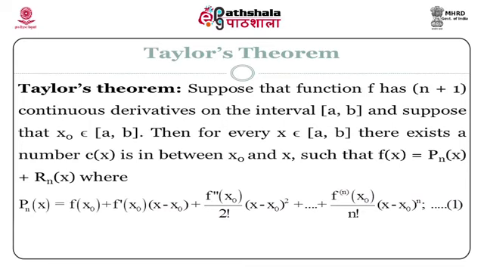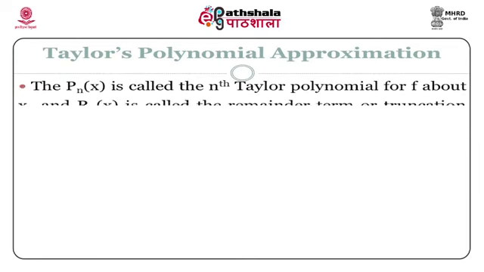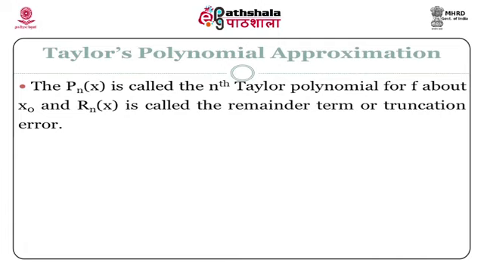So, this becomes an nth degree polynomial function, and R_n(x) is given by f^(n+1)(c(x))/(n+1)! (x - x0)^(n+1). So, the n+1th derivative at c(x) divided by (n+1) factorial into (x - x0) raised to n+1. P_n(x) is called the nth Taylor polynomial for f about x0, and R_n(x) is called the remainder term or the truncation error.